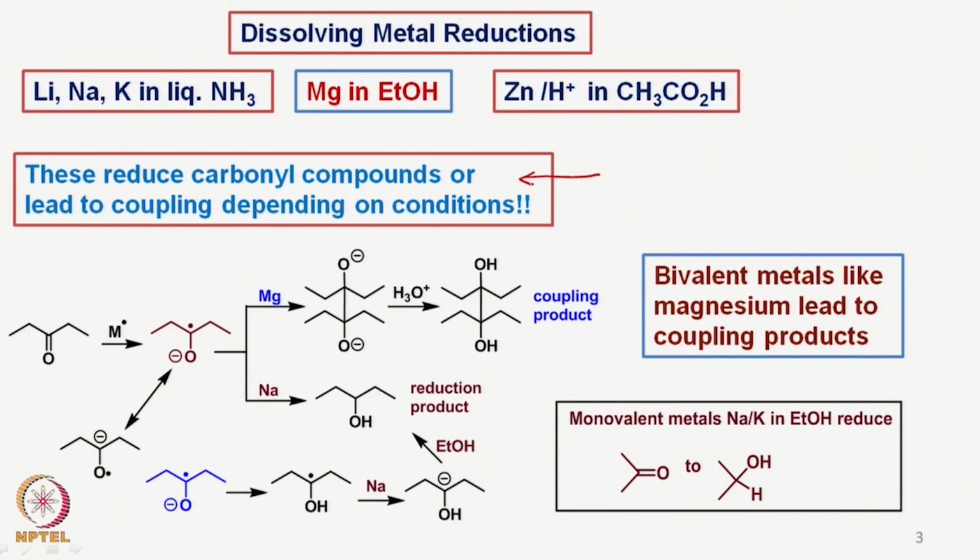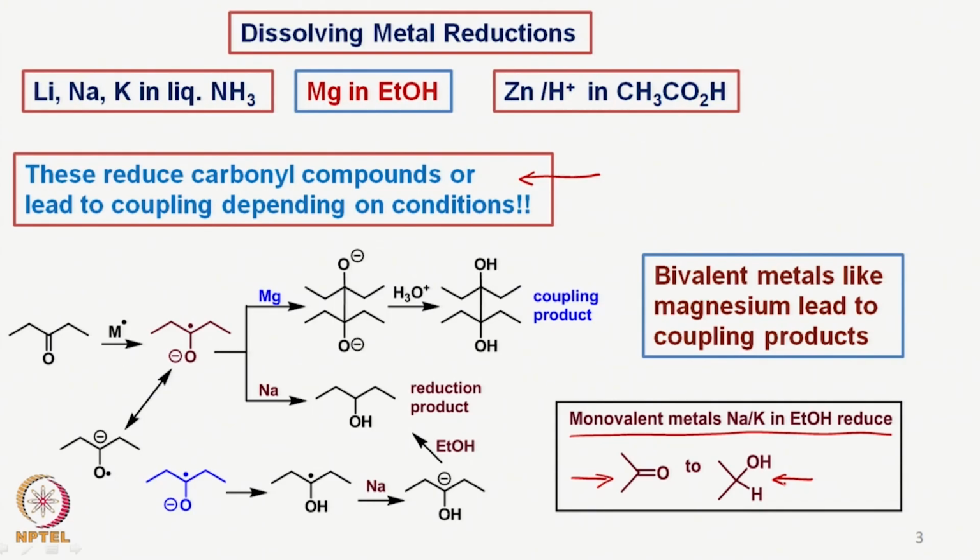Now if we look at the monovalent metals such as sodium or potassium in ethanol, they reduce the carbonyl group to the corresponding alcohol, whereas bivalent metals like magnesium lead to coupling products.